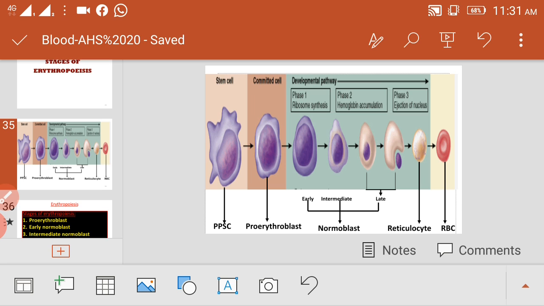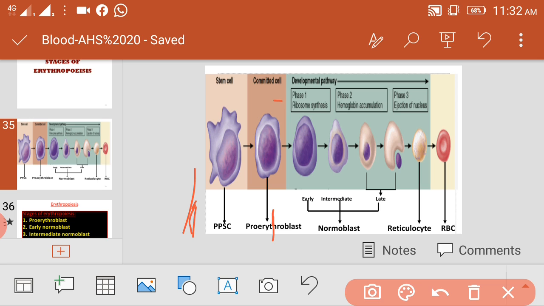For everything there are stem cells. This is the stem cell, called the pluripotent stem cell. This is the committed cell.